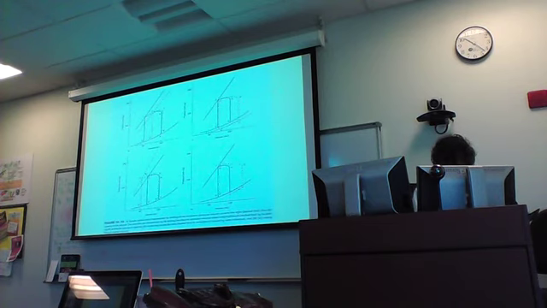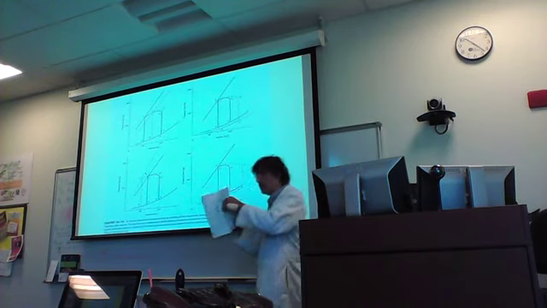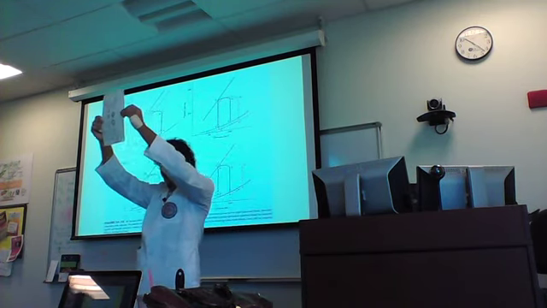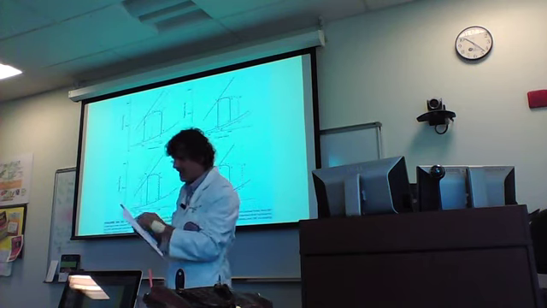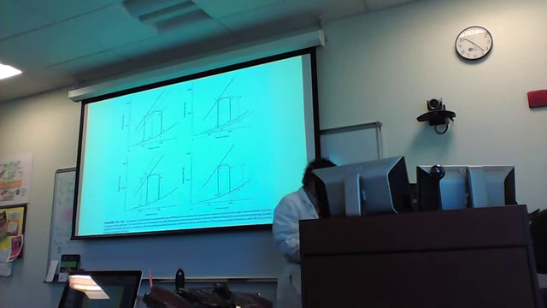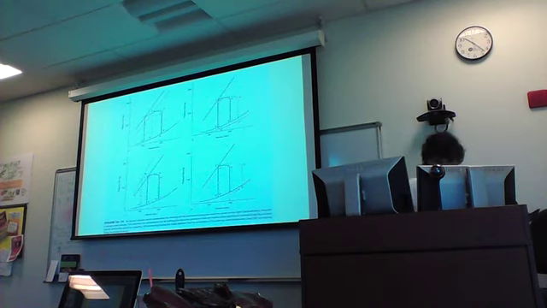I want you to take a look at a little diagram there on UpToDate that will look like this. It'll have pictures of concentric and eccentric hypertrophy side by side. So take a look at that.